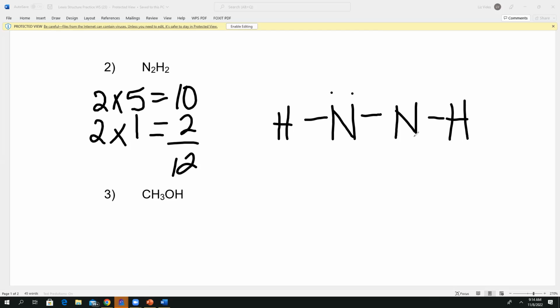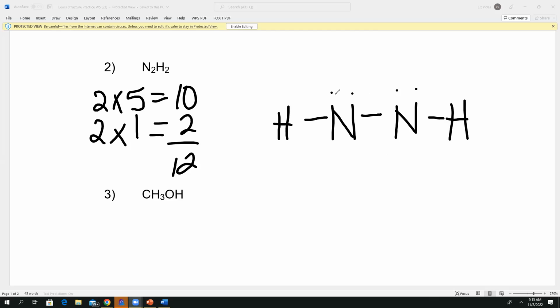So we need 1, 2, 3. Now, if we count, you can see that we've used more than 12. You see 2, 4, 6, and then you got 8, 10, 12, 14. So this can't be it. So we need to now undo those.